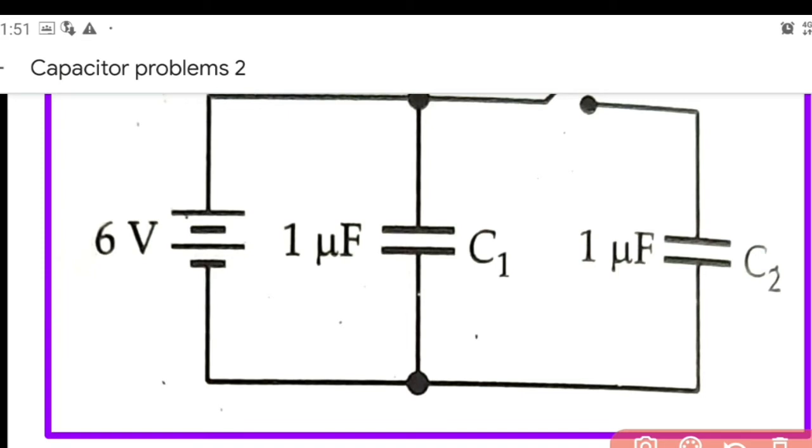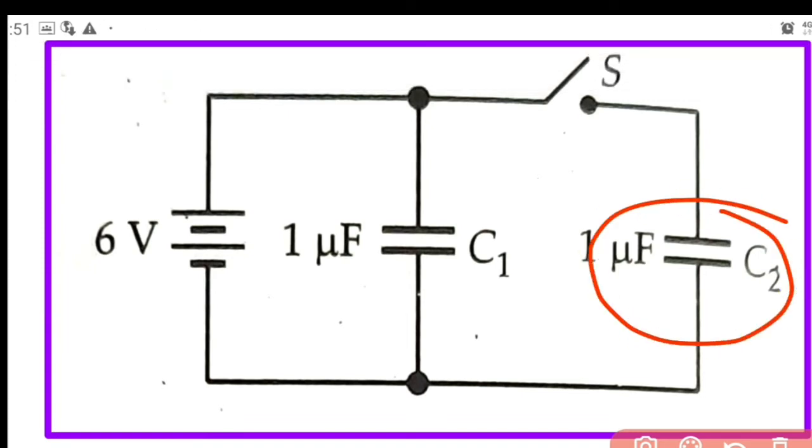Across C2, the battery is not connected. But since it was connected to the battery, now this capacitor C2 has got charged. So only that charge it will be having. That 6 microcoulomb charge that C2 will be having after opening the switch.